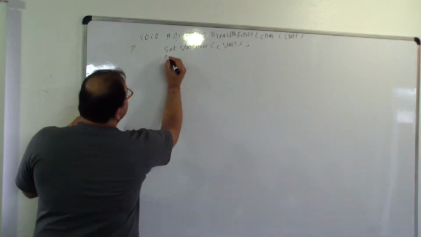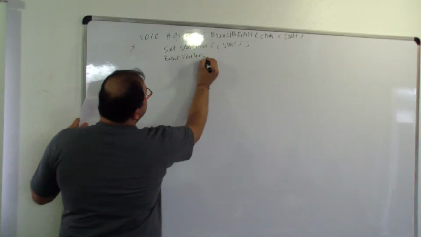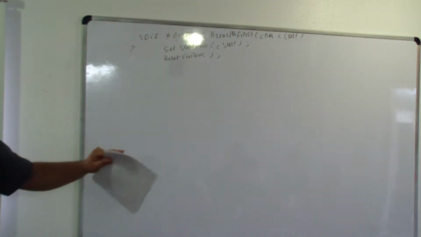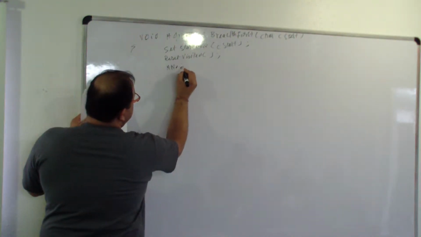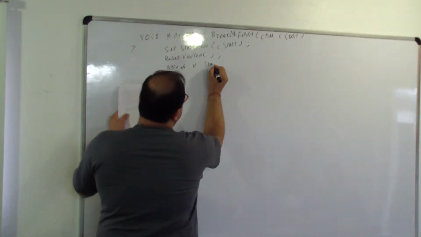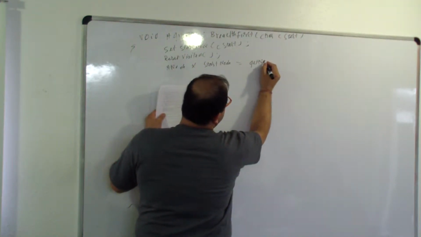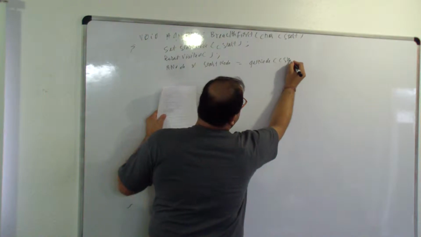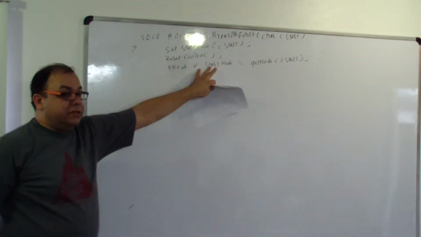Then we'll do reset visited, which will reset everything to not visited, and then we'll say the start node is equal to get node C start. So we'll get the start node.